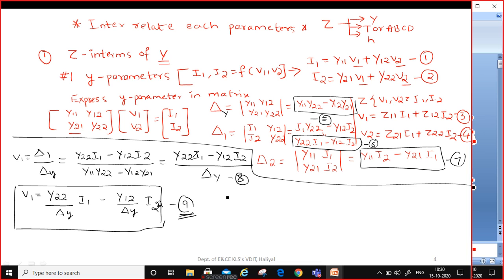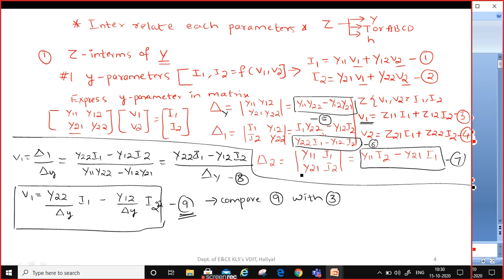Equation number 3, V1 with V1. If you compare 9 with 3, V1 is V1. Getting that, everybody?